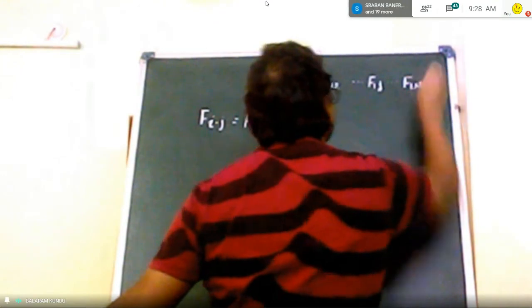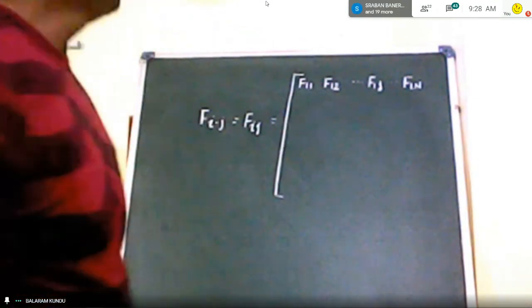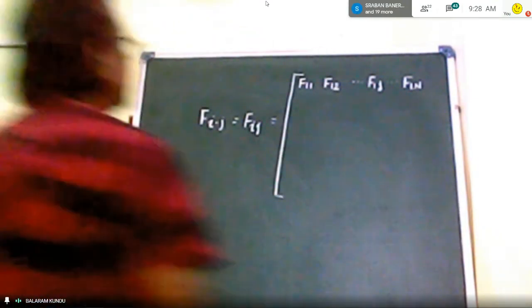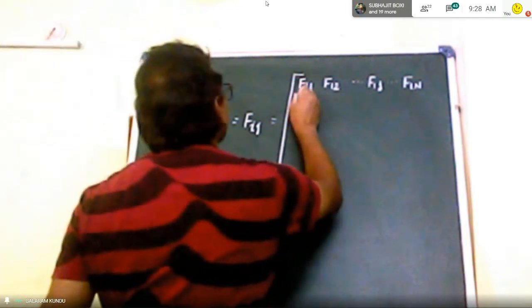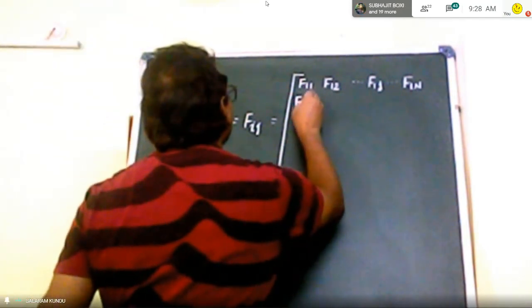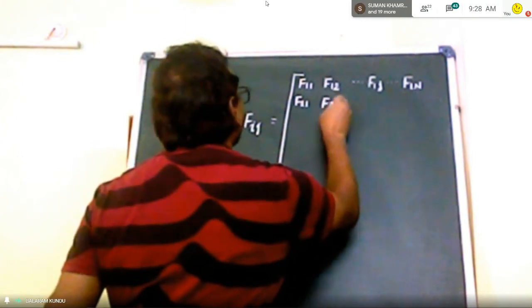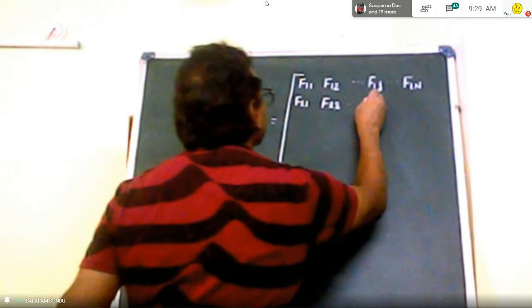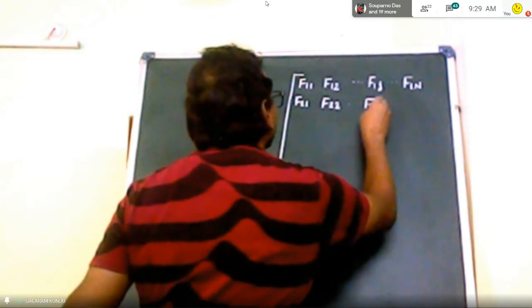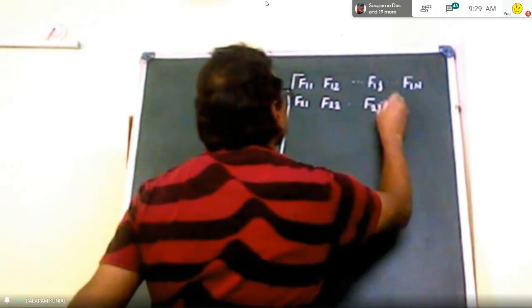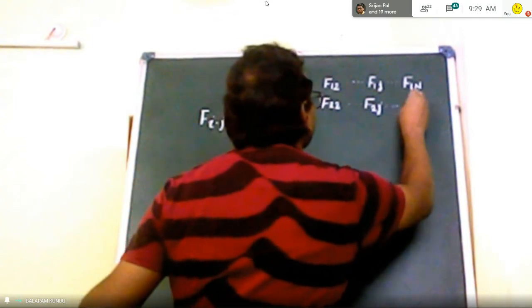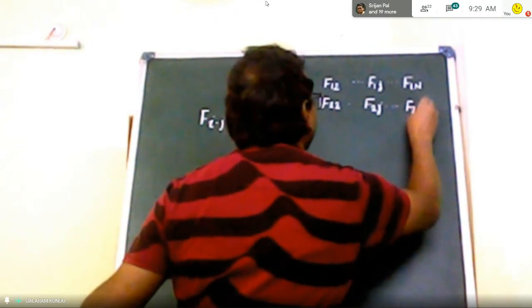So this is an n zone enclosure. In similar fashion here, F of 2 1, F of 2 2, dot dot, F of 2 j, dot dot, F of 2 n here.